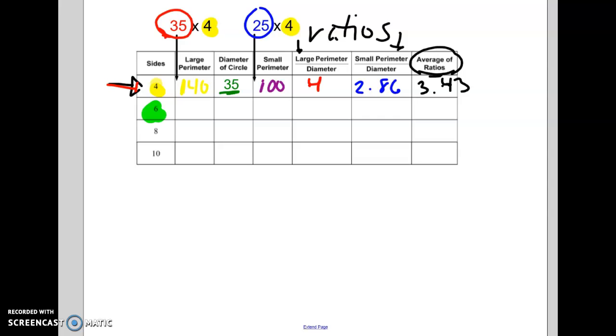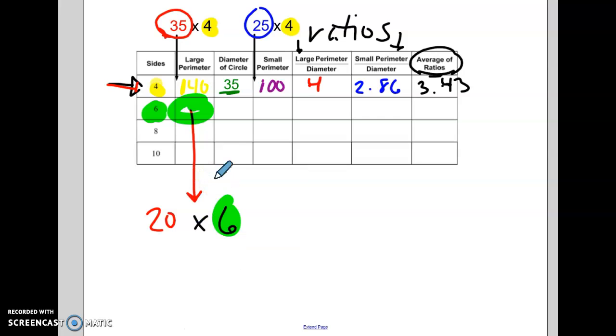So here, I'm going to just draw an arrow for that six-sided shape. The length of my side was 20, and I'm going to multiply it now by 6 because it was a six-sided shape. So the answer that you are going to put here is going to be 20 times 6.